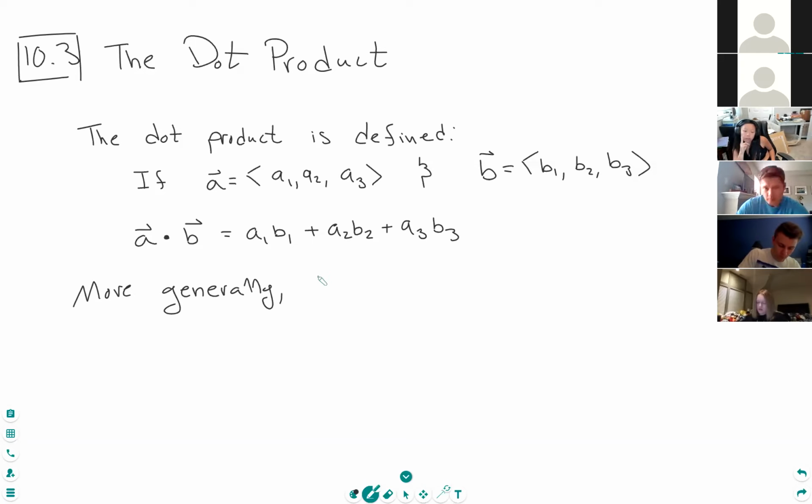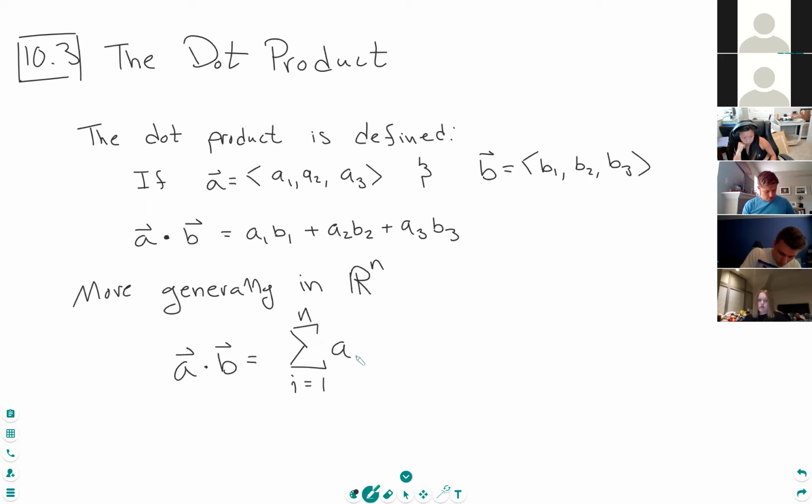Okay, so more generally, let's say in Rn. So we did this in R3, but in Rn, the dot product of two vectors we can write as the sum from i equals 1 to n of A sub i times B sub i.